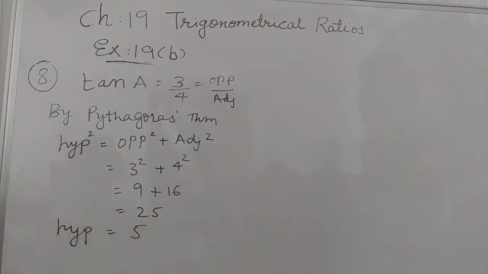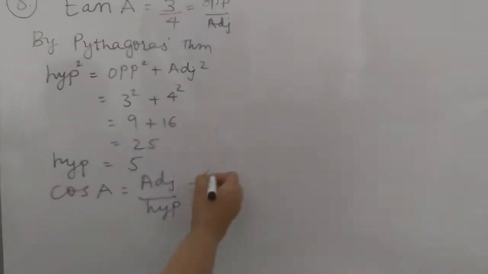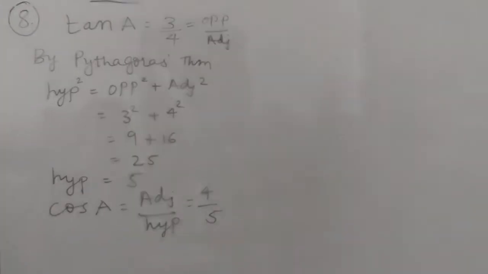Now we will write cos A value. Cos A means which ratio? It is adjacent upon hypotenuse. So adjacent side upon hypotenuse is equal to 4 upon 5, since adjacent side is 4 and hypotenuse is 5. So this is question number 8.